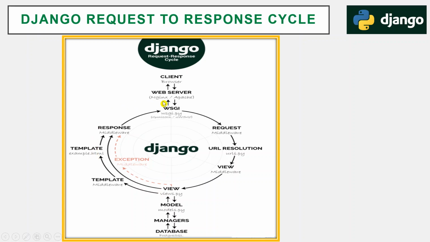But we didn't deal with the models. Models means databases. If a user requests some huge data that is stored inside the database, what should we do to access that data and return it to the HTML? That part we will do now. We will discuss the model layer.